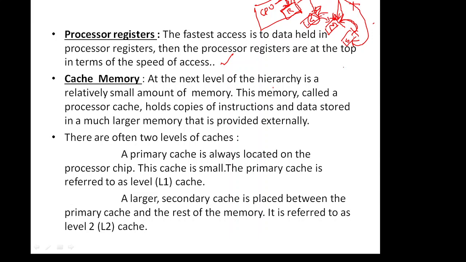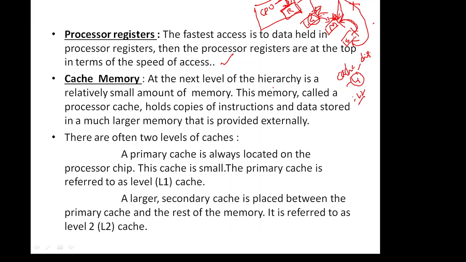In the cache, we are going to have two types of caches. The first one is the L1 cache and the other is the L2 cache. This L1 is fabricated on the chip itself, in the processor chip only. This L2 is going to be placed between the primary cache and the secondary memory, so it is referred to as L2 cache.